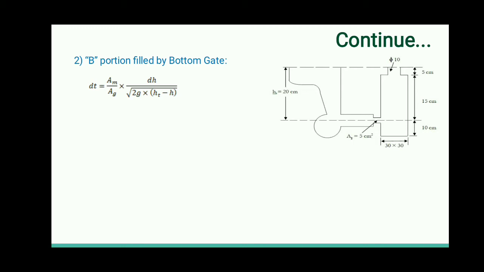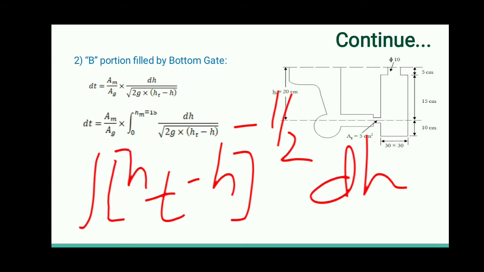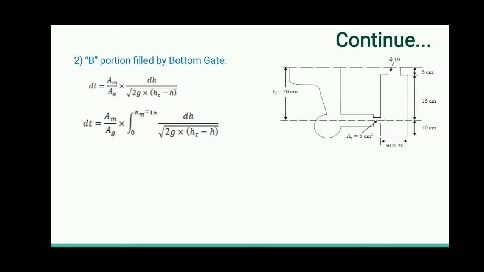When we fill above the parting line, this height varies from 0 to 15 centimeter. So we integrate from both sides. It's a very simple integration, where in the numerator we have (HT minus h) raised to the power minus 1 by 2.